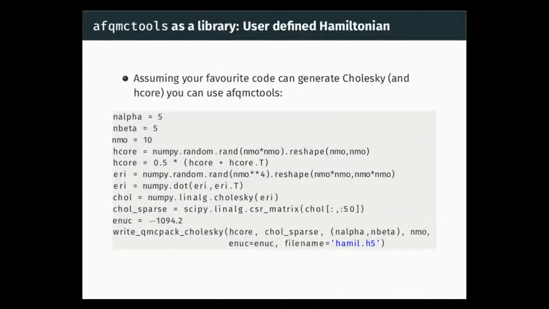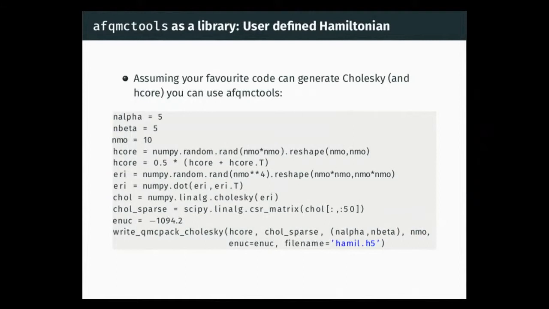So if you don't want to use PySCF, but you have some other means to generate your Hamiltonian matrix elements, then we have this helper routine, which ultimately is used lower down the call line, called write QMCPack Cholesky, which just takes the core Hamiltonian, either NumPy arrays, and the Cholesky factorization, or some 3-index quantity in sparse format.